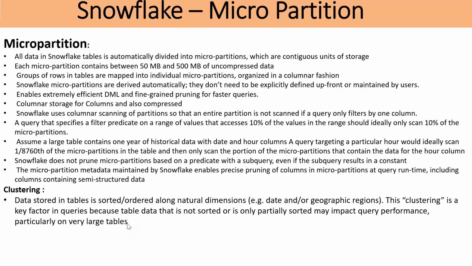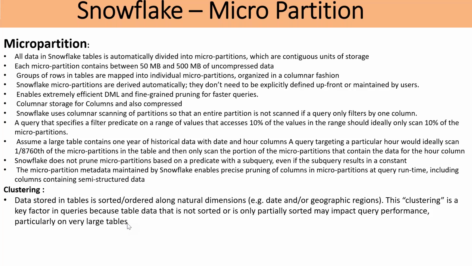So it has a pattern to identify the data, and it reads from the header and then reads the data. The way the micro partitions are organized, it becomes easy for Snowflake to retrieve your data. And this particular phenomenon is called natural clustering. You are not telling it on which particular columns to organize.